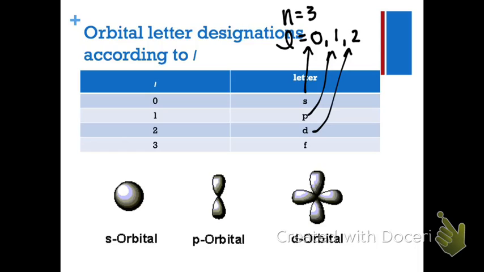Do we agree with that? Those are all just possibilities. We're going to be able to narrow down which one really needs to go in our quantum number based on the electron we're trying to find. But all it's saying is that these are the only possibilities for the third energy level: 0, 1, or 2. Because there's no 3f orbitals, right? So we couldn't put L equal to 3 there, right?